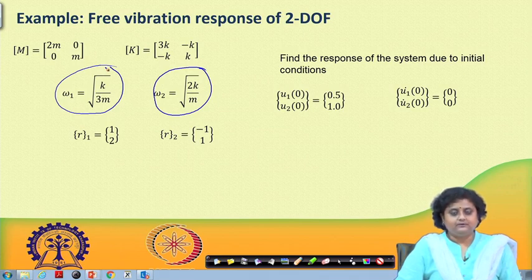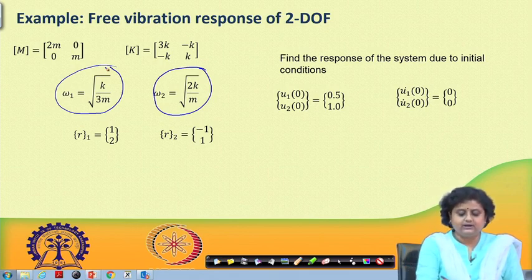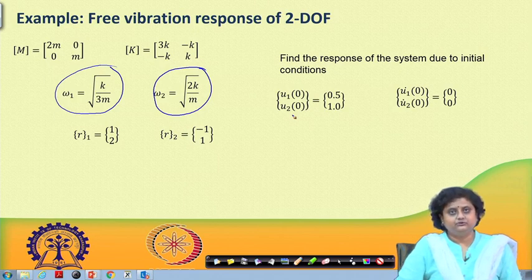So, the problem is that we need to find out the response of the system because of these two initial conditions given. The first initial condition is on the displacement.